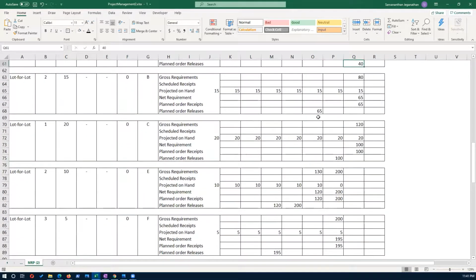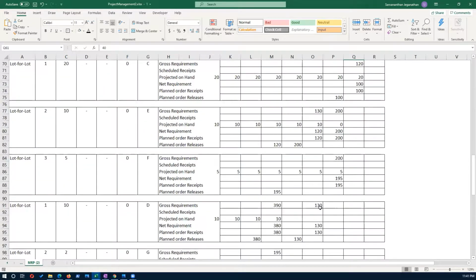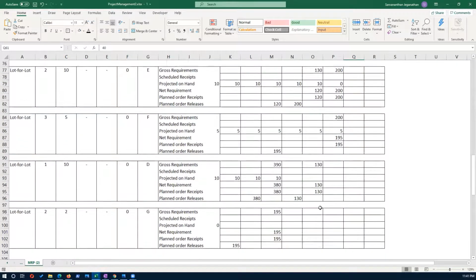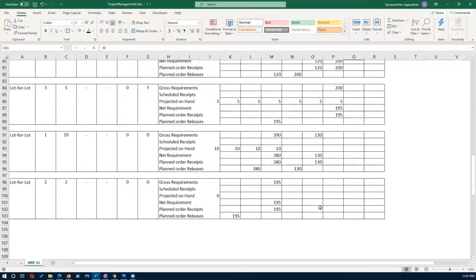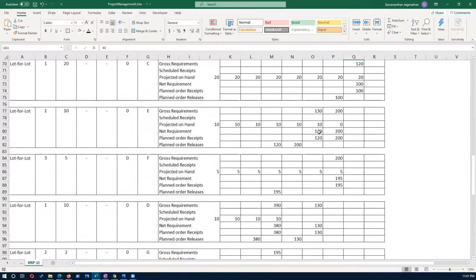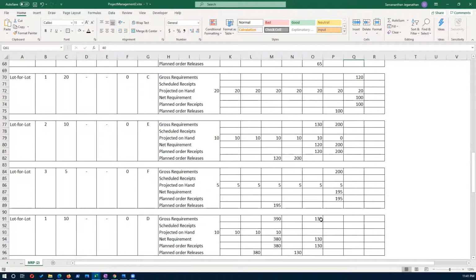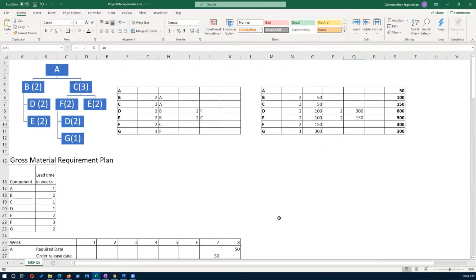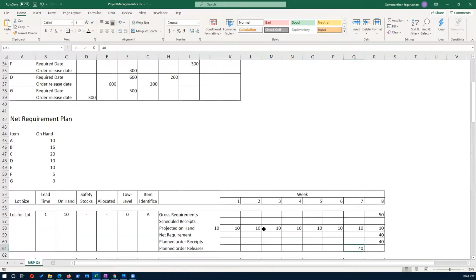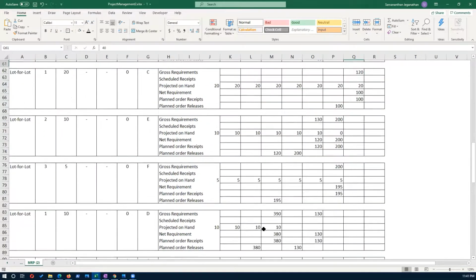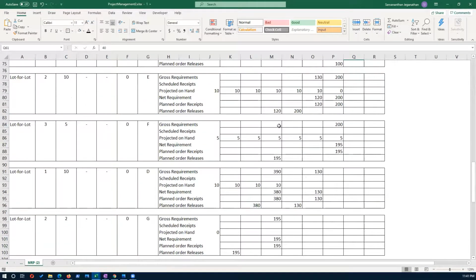So for B, which is 65, we have 2 units, 130, of D and 2 units of E. That's how we get 130 here and 130 here. And we also need D to manufacture F. So 2 units for each F here. You can see for each F, we need 2 units of D. So the 390.